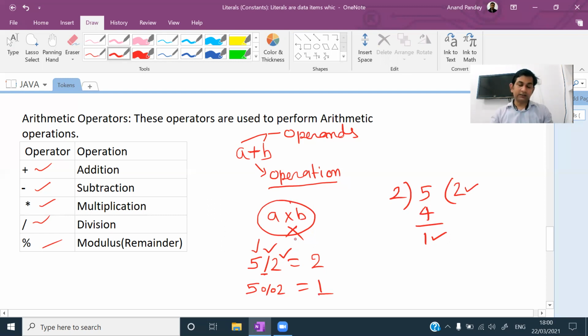This is because of implicit type conversion, which I will discuss later. So 5 integer, 2 integer, that's why the result will also be an integer. Repeating, this operator returns the quotient and this operator returns the remainder. I hope it is clear to all. So these are the arithmetic operators.